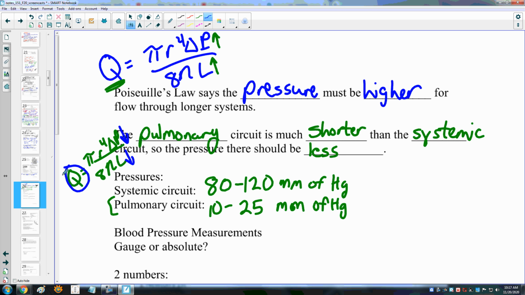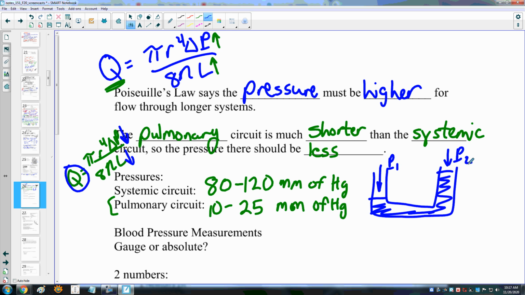And then also I want to remind you that this measurement, millimeters of mercury, is based on this idea that if I have two pressures, one pressure here, we'll call that P1, and here P2, I have a difference in these pressures. This is the big pressure pushing down, so that I have this height or column of liquid. And if this is mercury, then my measurement would be in millimeters of mercury.